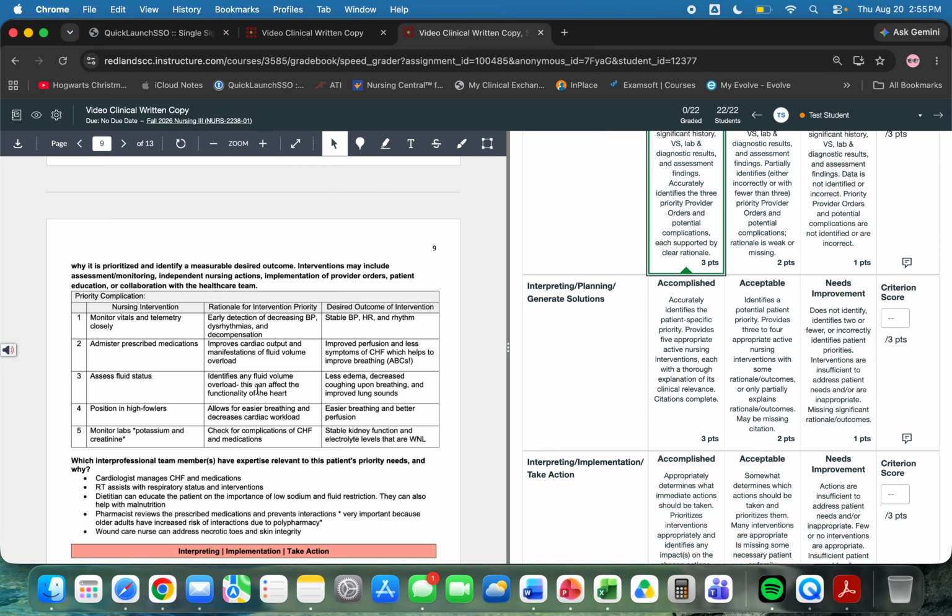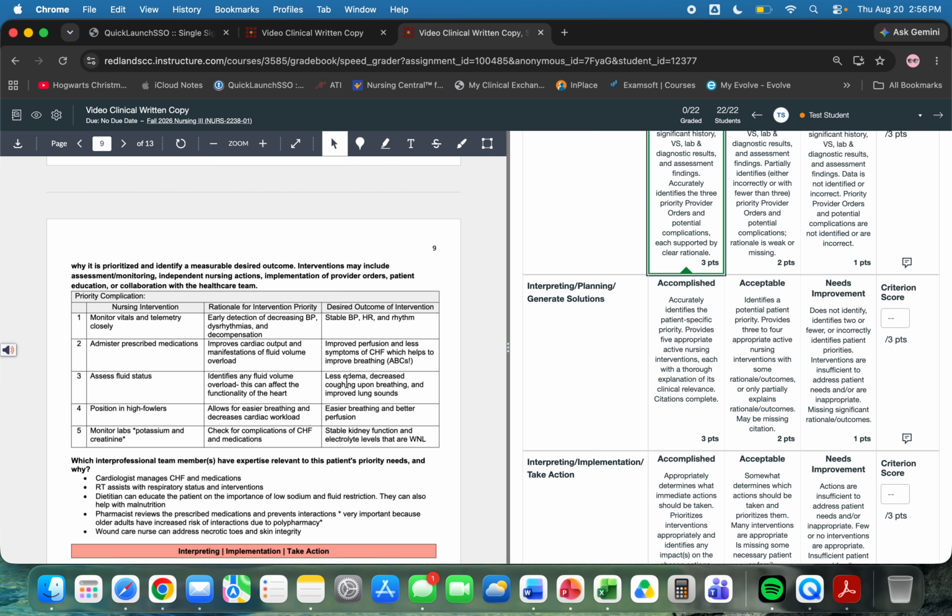The one thing I would say is what I want to see here is the prioritization of things like your ABCs. If that patient is struggling with any part of their airway, their breathing, or their circulation, this is where that needs to be reflected. So she does a pretty good job here.